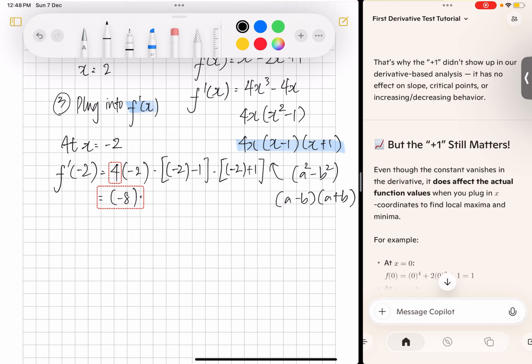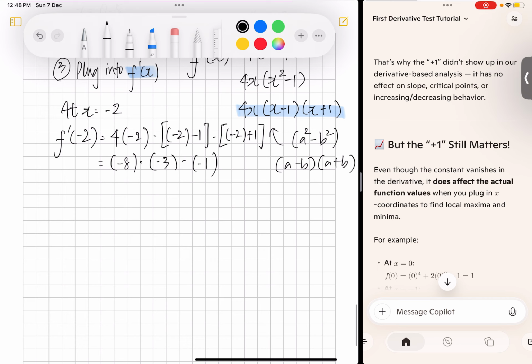I owe you $2, I'll owe you another $1. That will be negative 3. Times negative 2 plus 1: I owe you $2, I give you $1, so it'll be negative 1. Okay, negative 8 times negative 3. Negative makes positive. That will become 24. And then times negative 1. So that will become negative 24.